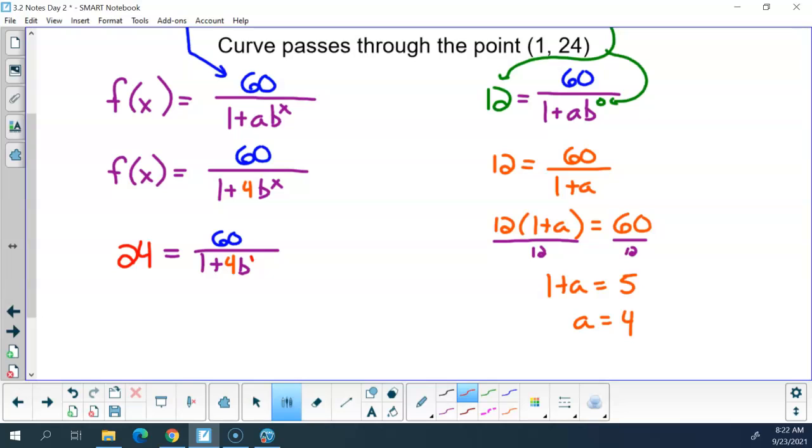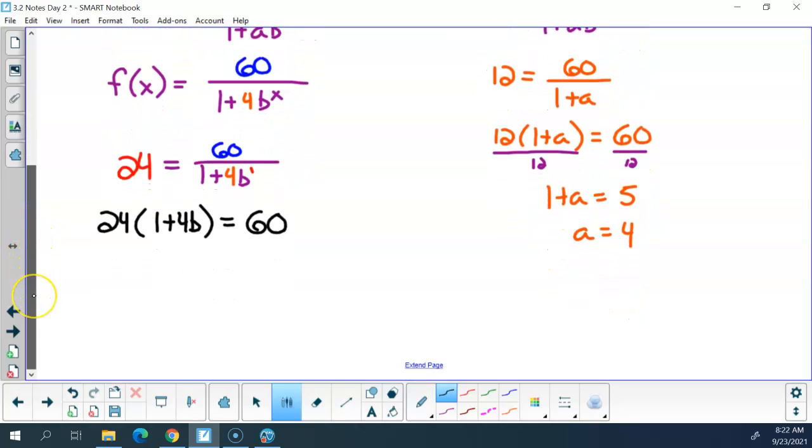Multiply by 1 plus 4b on both sides? I'm out of color, so we'll go black. So 24 times 1 plus 4b equals 60. Then what? Divide by 24.